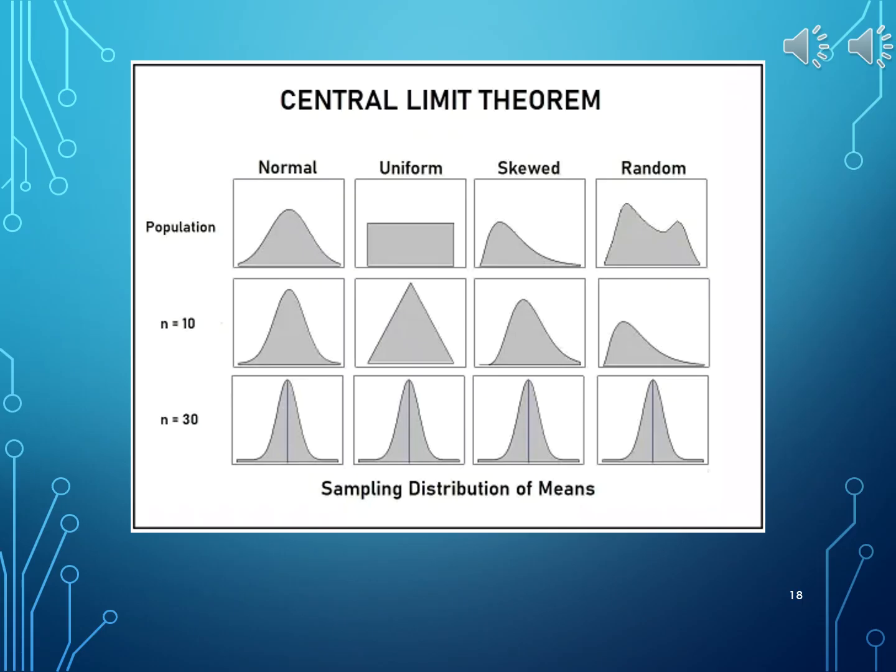They'll start to become a little bit more symmetrical, looking a little bit more normally distributed, with lows at each end and then a high peak towards the middle. And if we take sample sizes of 30 or more, n equals 30, you can see that no matter what the original population distribution was, now we have a normally distributed distribution of means, and that is what we want.